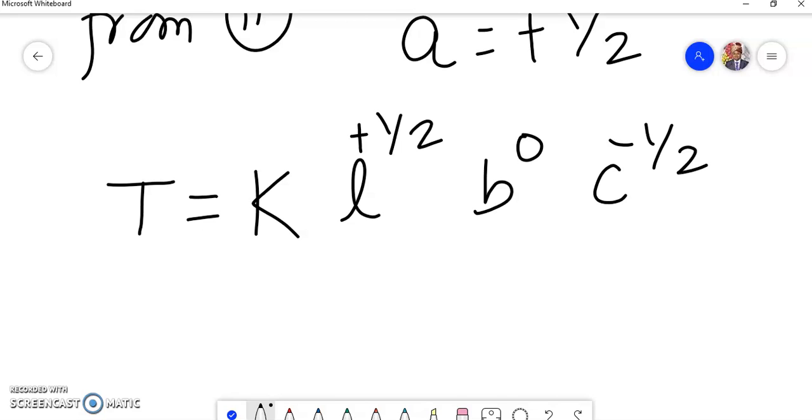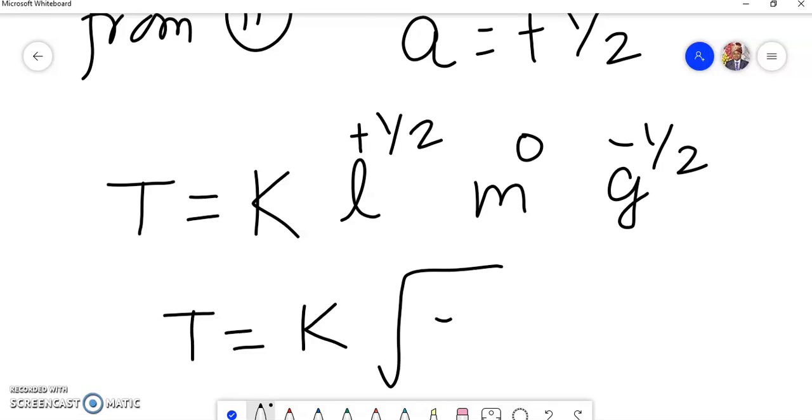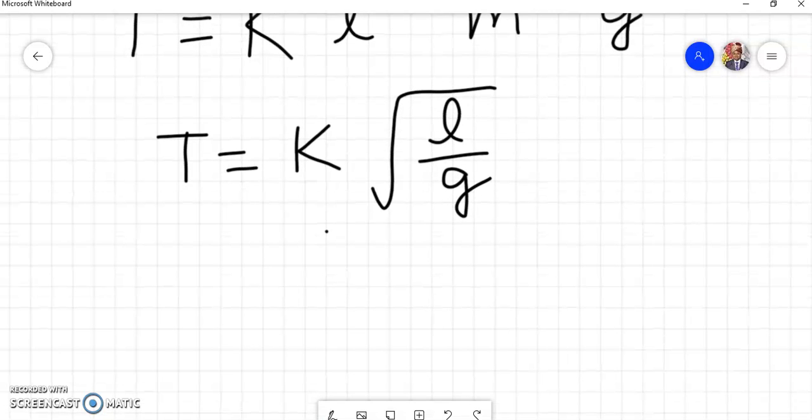So what we get is T is equal to K times under root, here we were having mass, here we were having G, and lastly L and G. So what you got is under root L upon G. So this is the required relation.